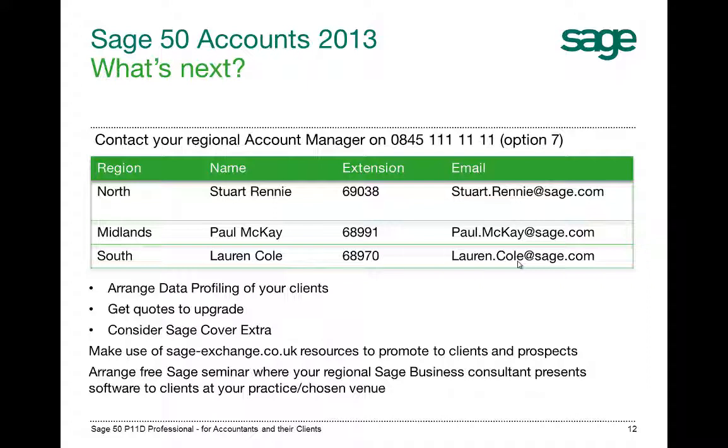Otherwise, just drop them an email and they'll call you back. Your account manager will work with you to see what clients would benefit from P11D and the associated cost with the relevant discount applied. There's also the option of adding Sage Cover Extra, which will keep them up to date for all future versions of the software.